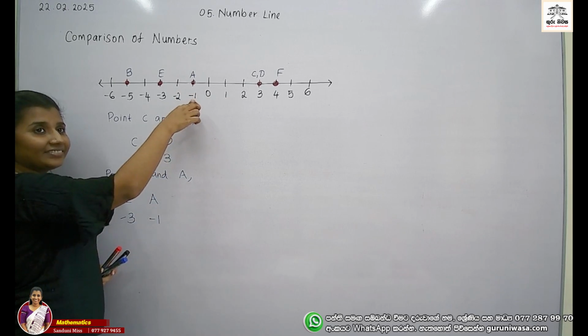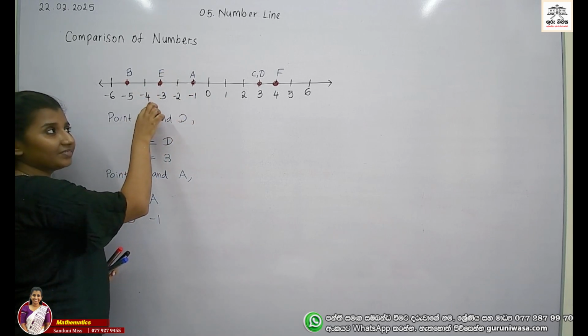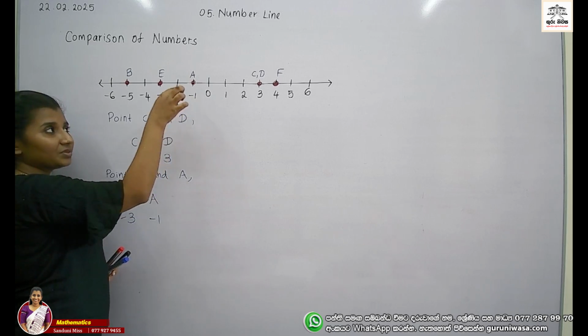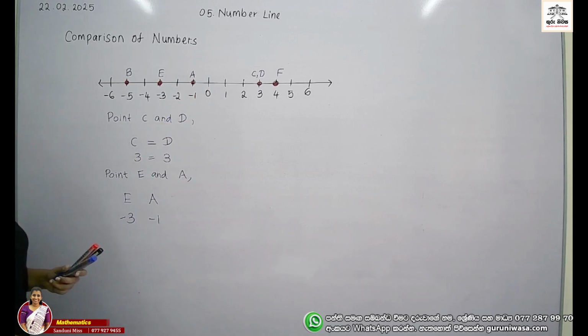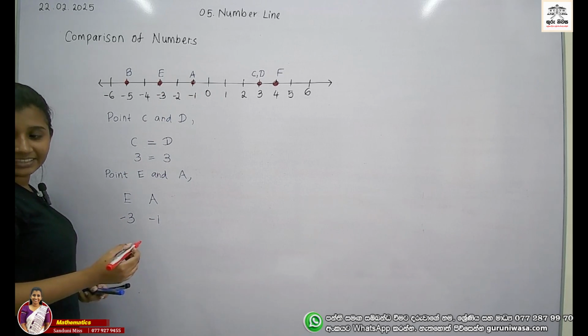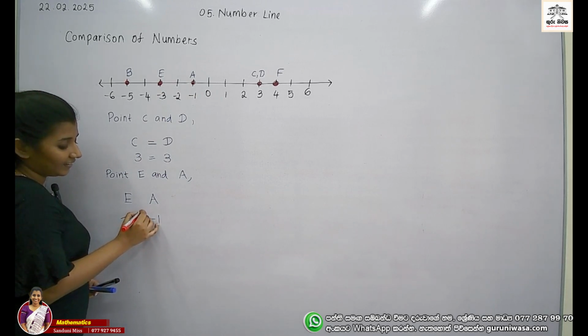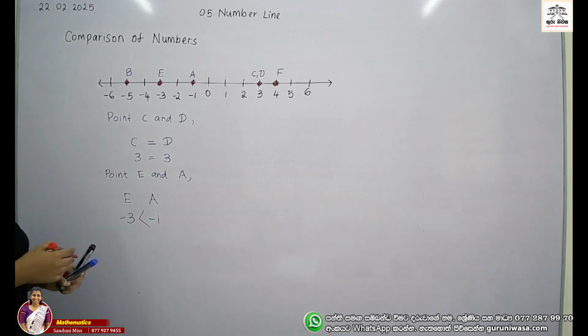So here negative 1 is on the right side of E, negative 3. Negative 1 is greater. Right?